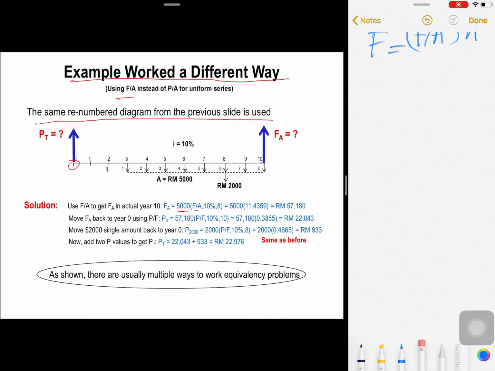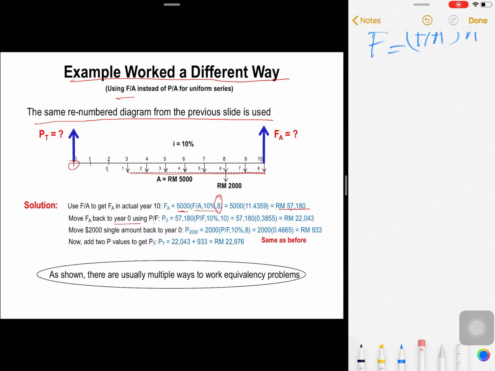So FA equals 5,000 ringgit times F over A, 10%, n equals to 8.